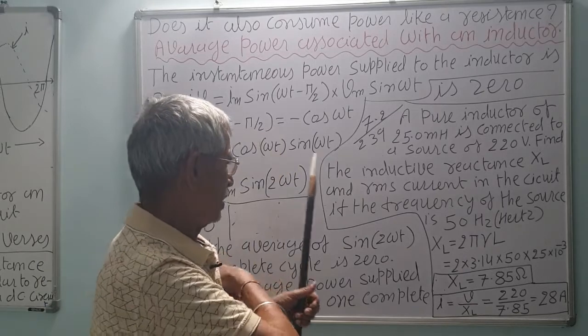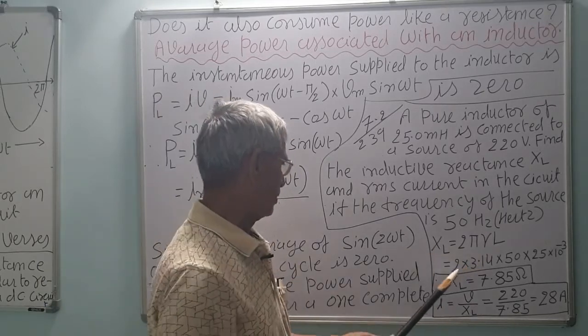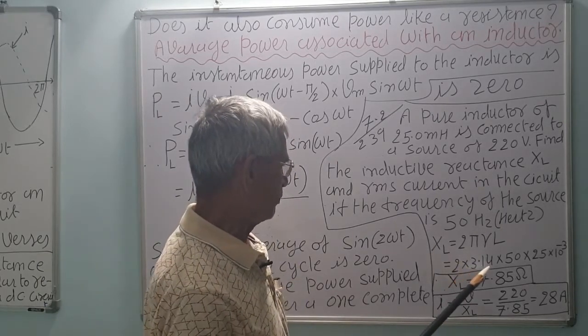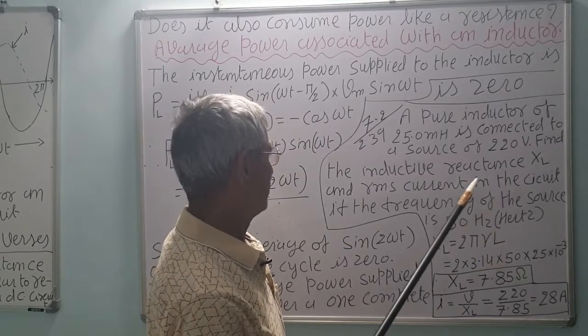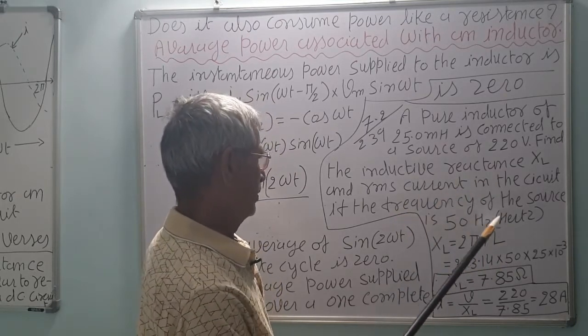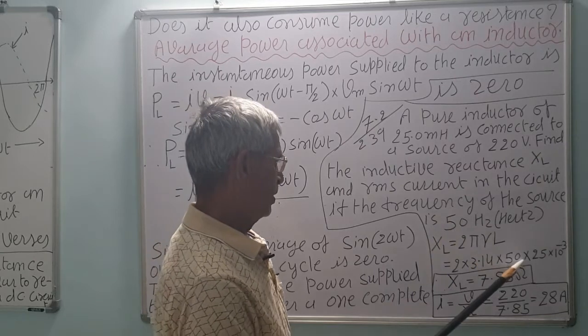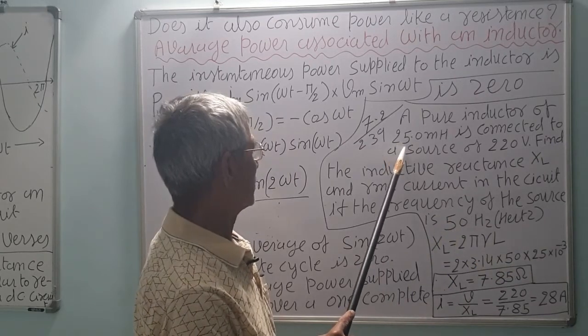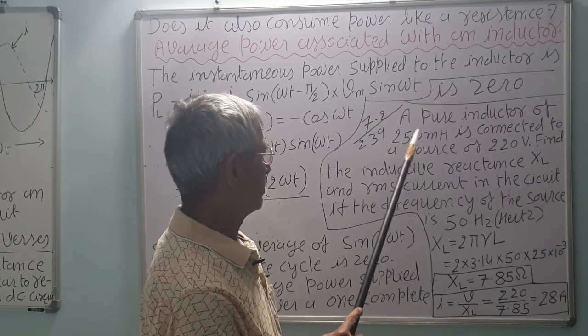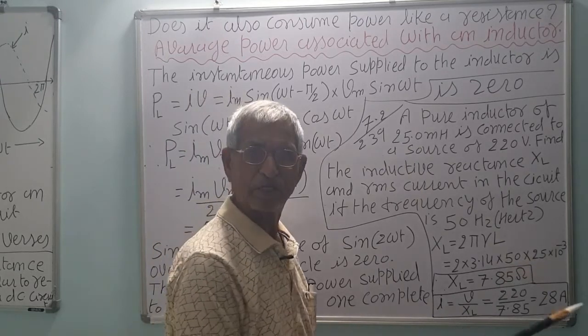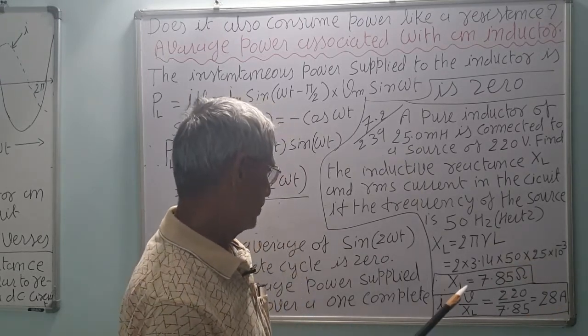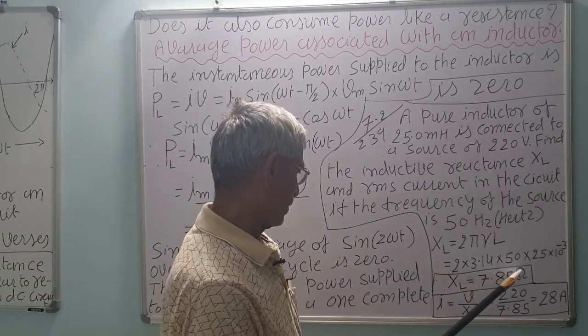So XL is equal to 2 pi nu L. Put the values: 2 pi is 3.14, frequency is given as 50 Hertz, and the inductance of the inductor is 25 millihenry, that is 25 into 10 to the power minus 3 Henry. That comes to about 7.85 ohm.